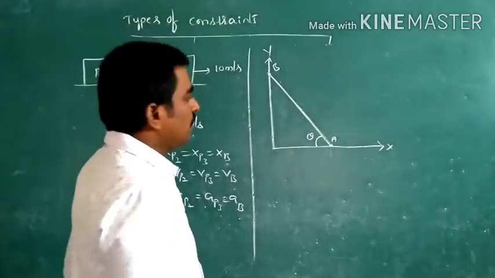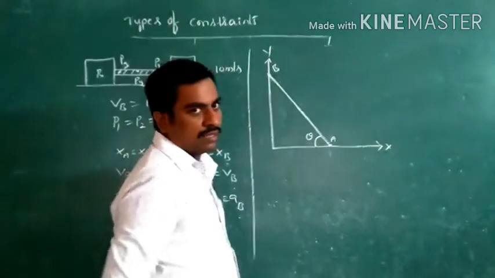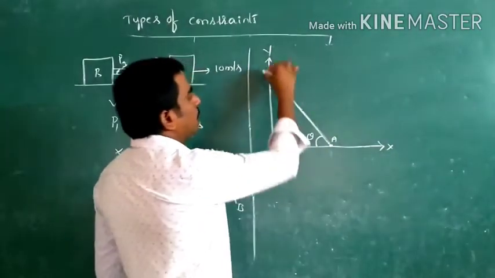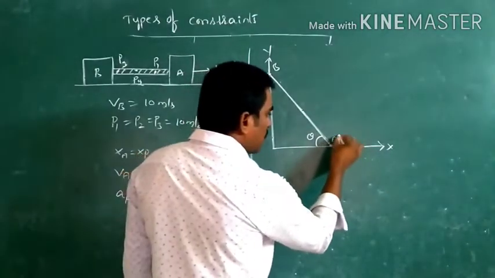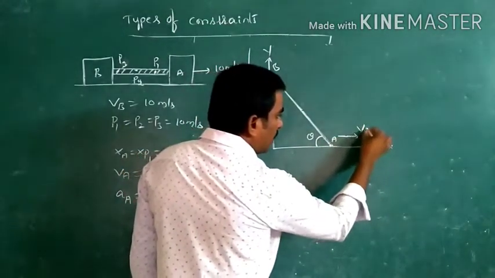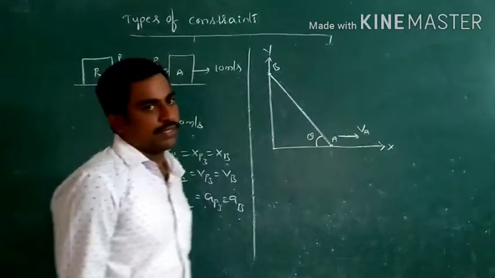Let us assume this point moves with the velocity VA along the horizontal direction.